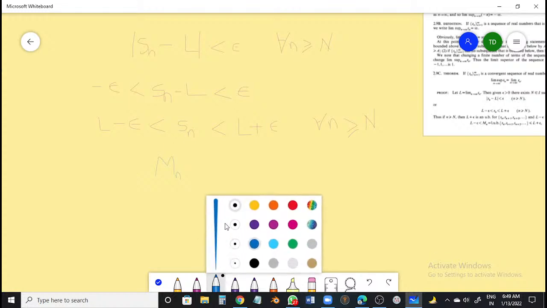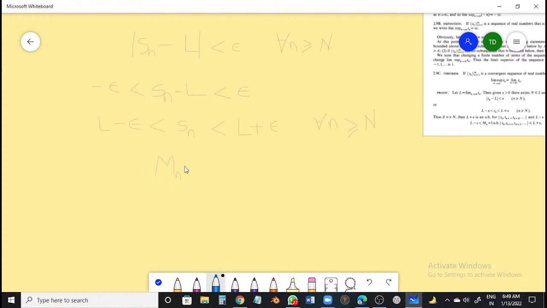What is Mn? Mn is the least upper bound of what? The terms after Sn: Sn plus 1, Sn plus 2, and so on.